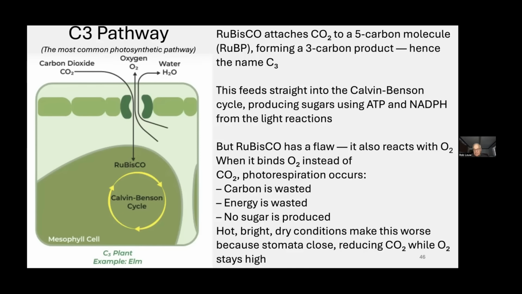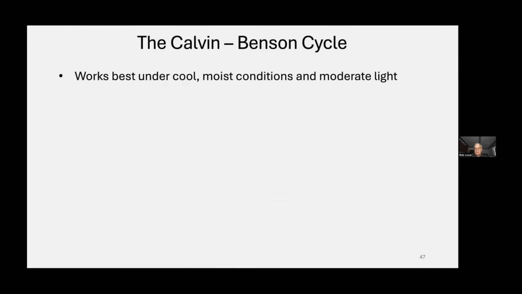And this is worse in hot, bright, dry, sunny conditions because the stomata close to conserve water, reducing CO2 intake. That reduces the carbon dioxide intake, but the oxygen levels remain high, and that's not a good position to be in.